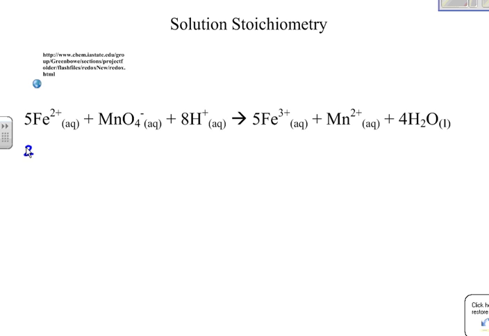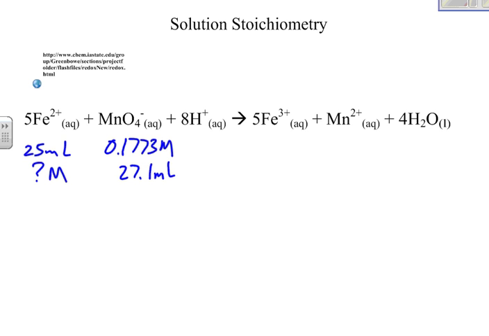So let's go back to our balanced equation, and let's fill this information in. For the iron, we had 25 milliliters, and we wanted to figure out the molarity of that. We have a molarity of 0.1773 molar for the permanganate, and we've added 27.1 milliliters of that.